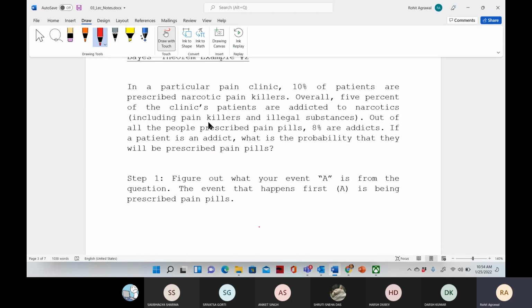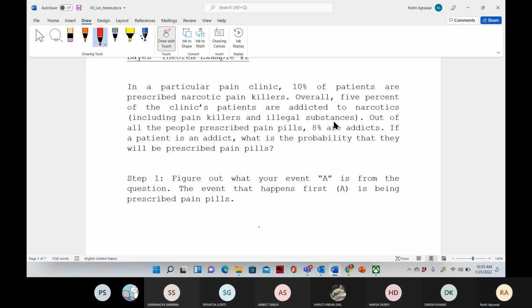In a particular pain clinic, 10% of patients are prescribed narcotics painkillers. I think you know narcotics painkillers are generally given to patients of cancer disease, because they are tolerating high pain. So overall 5% of the clinic patients are addicted to narcotics.